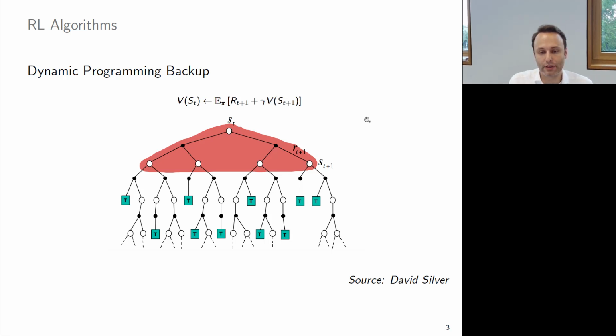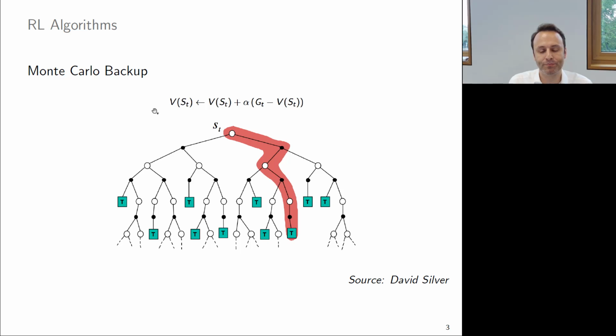Another way to do this is to look at only specific policies. For example, here this branch is going to be a policy, and we go down this policy, the whole episode, the whole trajectory, and then we do that multiple times, so perhaps one time we get a reward here, and another time, and then we take the average rewards as an estimate of the value function for that state.